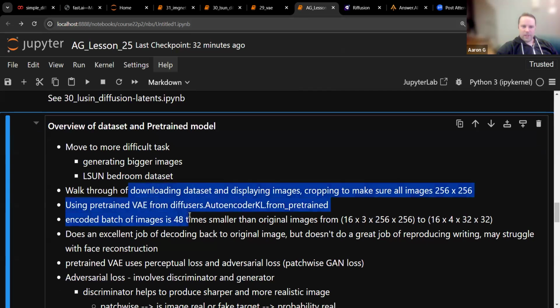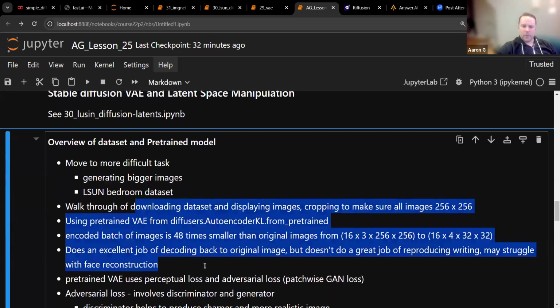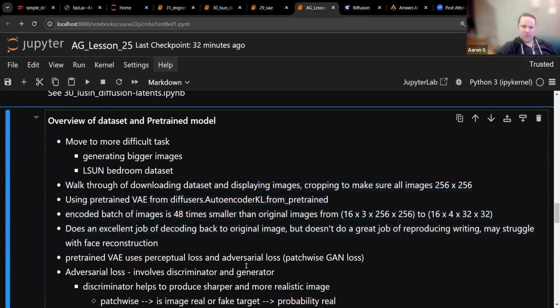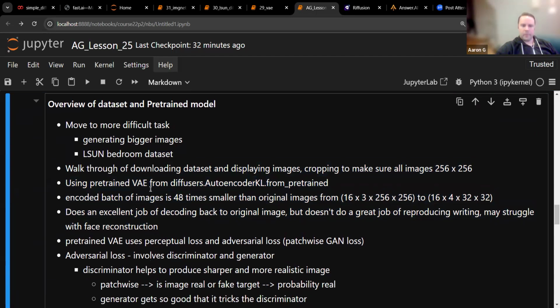Jeremy likes to go through little Python tips for downloading and dealing with data. I think he does that in this notebook as well. But we're starting with a pre-trained VAE from diffusers, the autoencoder KL from pre-trained. We run that through the encoder, and in a single batch, I guess the batch size was 16, we get something 48 times smaller than the original images.